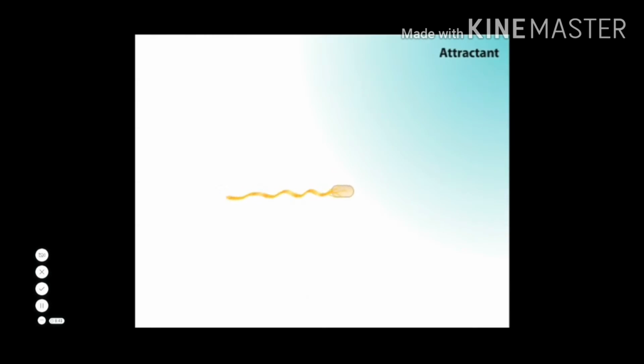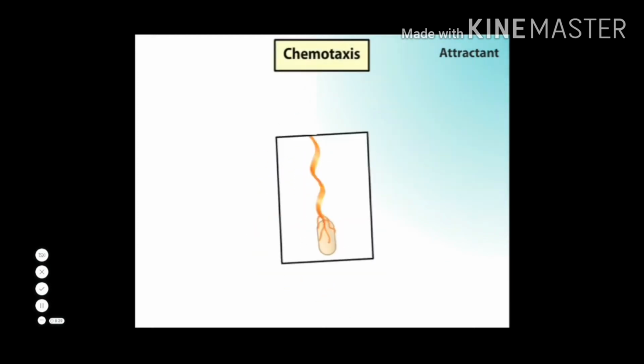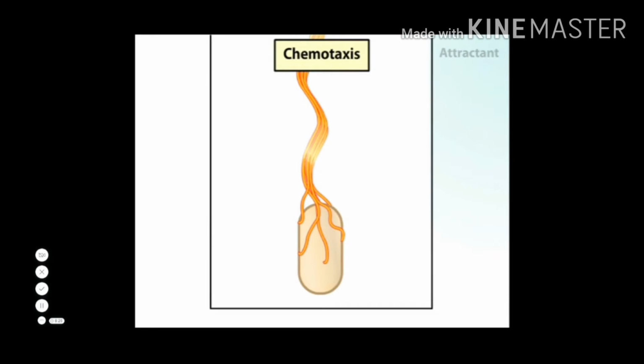For example, if there is any attractant present in the environment, attractant may be anything, whether it is a nutrient or favorable temperature, or it may be favorable pH, and so on. Then bacteria will move towards this attractant as it is shown in this video.